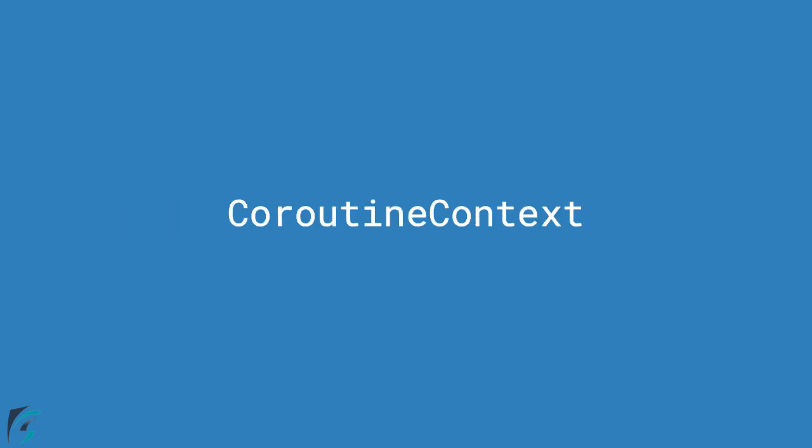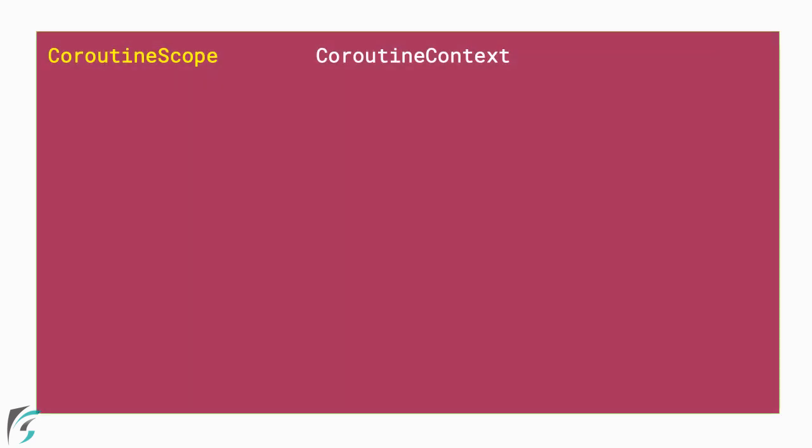Now moving on, we have CoroutineContext. Well, this topic is going to be a bit tricky, but don't worry, we will tackle it in our own way. Well, similar to CoroutineScope, every coroutine has its own CoroutineContext, but with a twist. As mentioned, the CoroutineScope is unique for each coroutine, right?